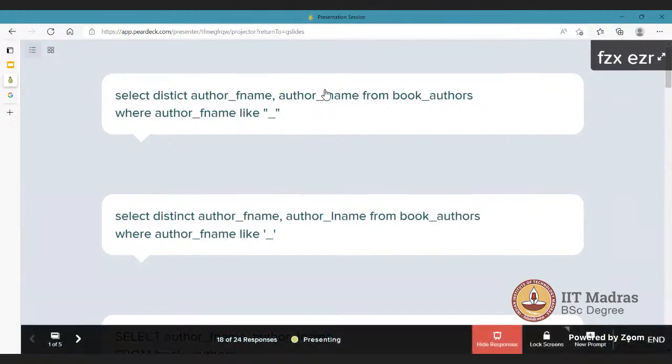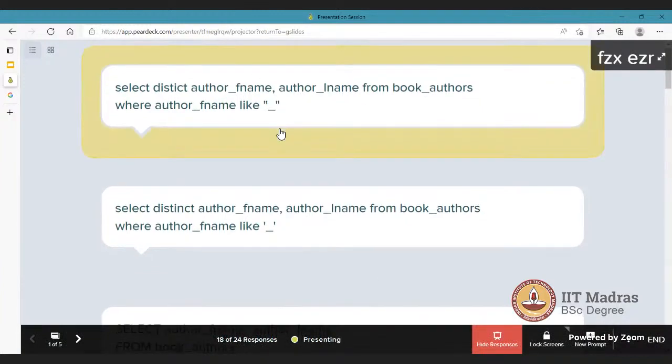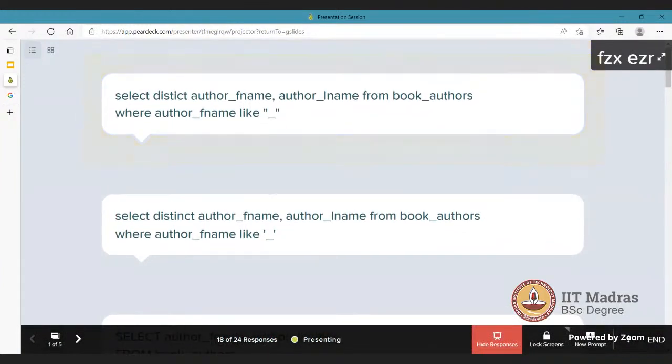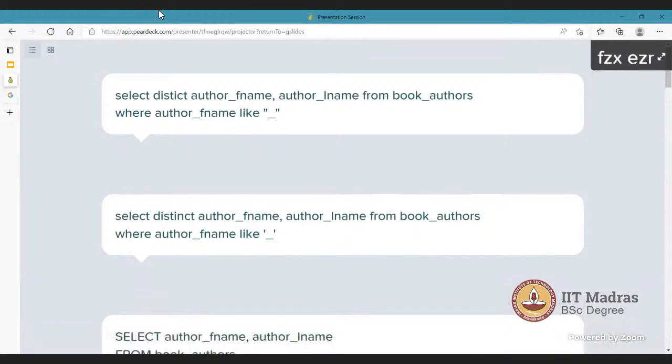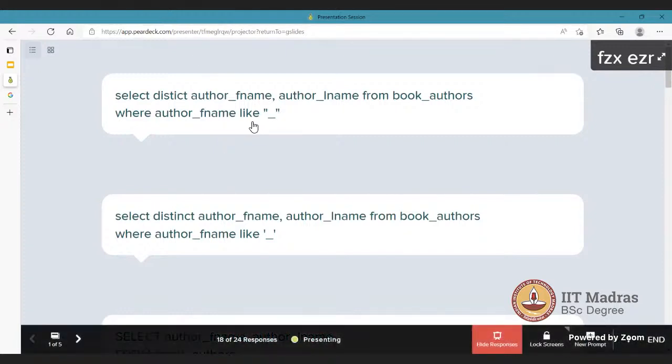Can you show this particular example on pgAdmin? It will be better. You can show. In pgAdmin, double quotes are not allowed. Right, in pgAdmin, double quotes won't work. It will give you an error.